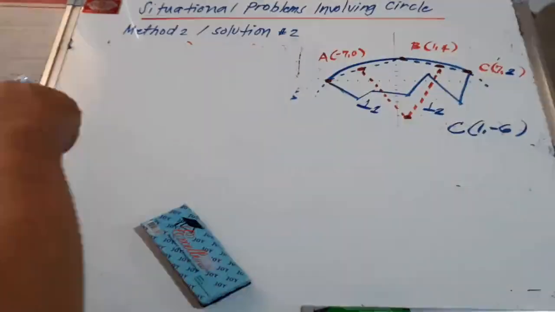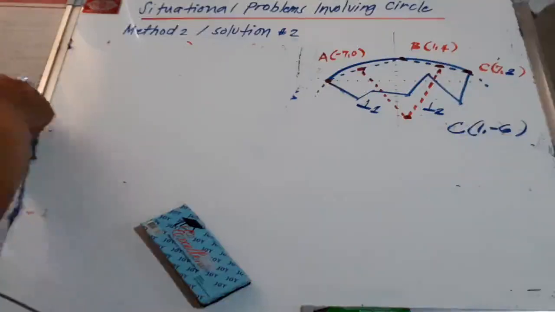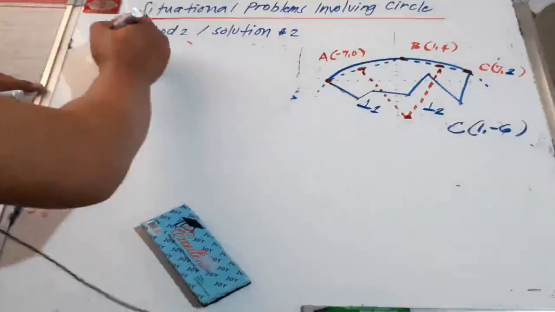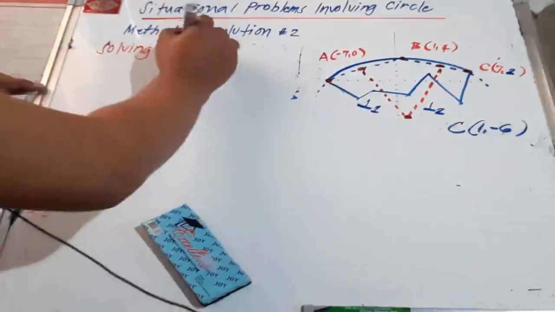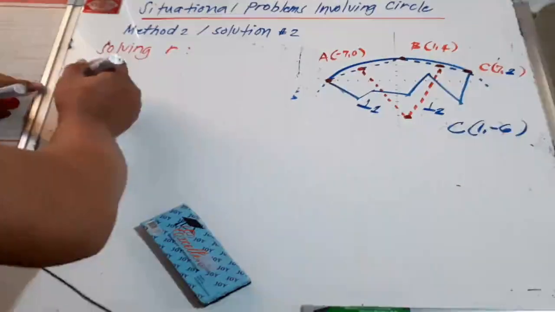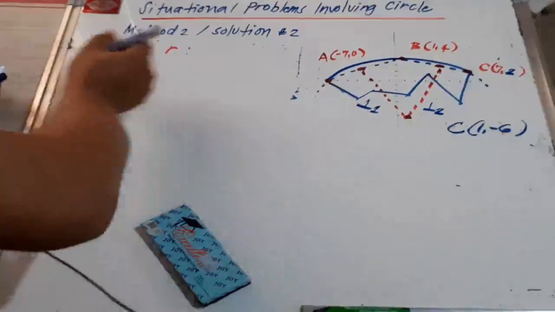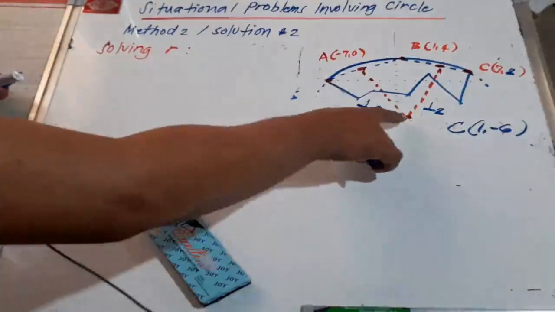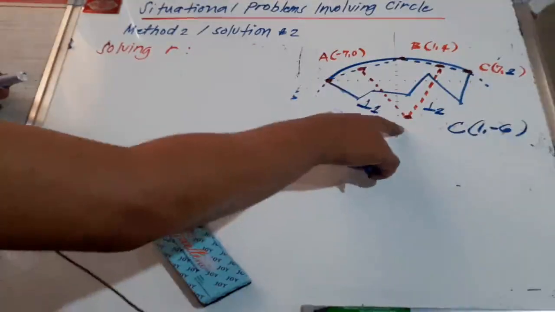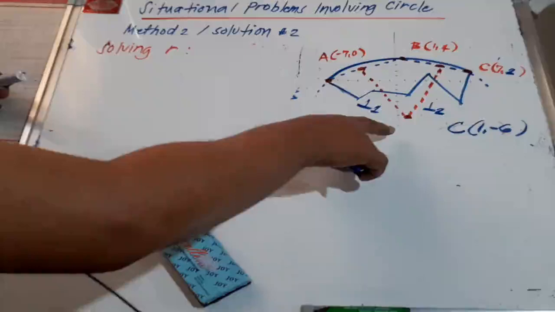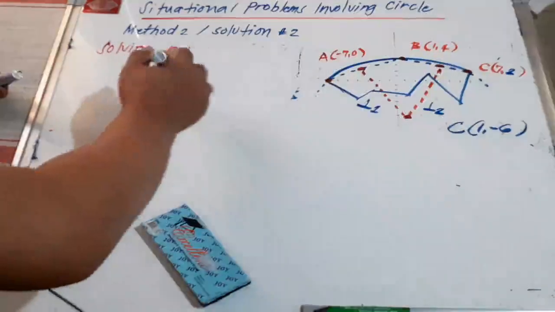Okay. Now, paano natin makukuha yung length of the radius? So, solving for r tayo. So, we can apply distance formula. Pwedeng the distance between the points of the center at saka A, or distance between the points C and B, or distance between the points, the center, and another point dun sa circle natin.